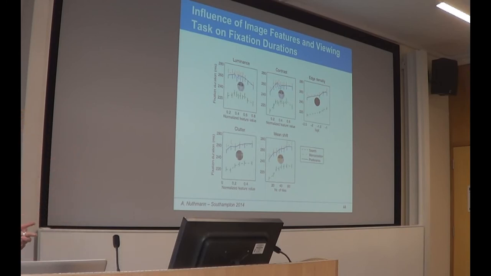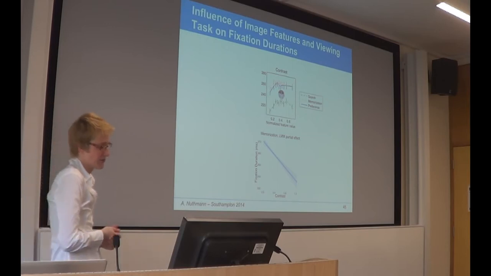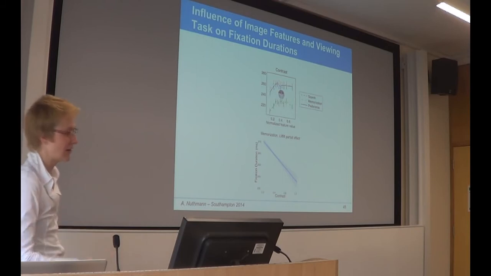My question was about that suppressor effect, on the next slide. I'm looking at contrast: if contrast goes up, fixation time goes down. Intuitively you can accept both. High contrast, good quality, you stay longer.